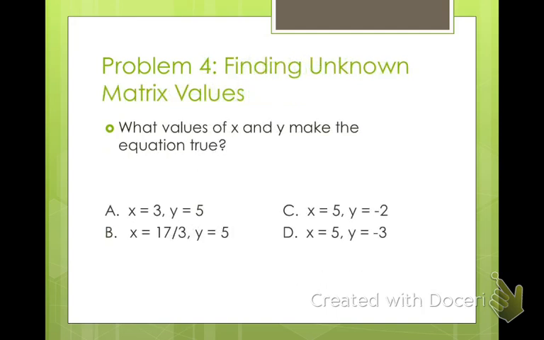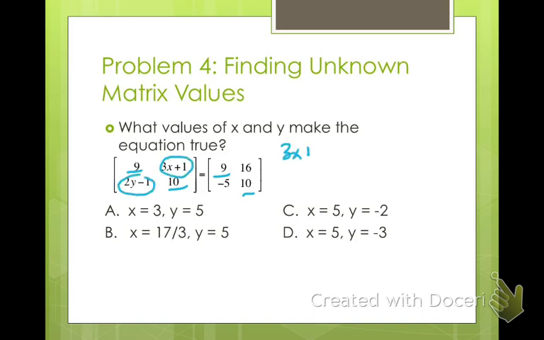Alright, and we can also find matrix values. For this one, I have an equation. If you look at it, it says the matrix on the left equals the matrix on the right. So, does 9 equal 9? Yes. So these ones are true, and 10 equals 10, that's true. Can we solve to find x and to find y? Sure.